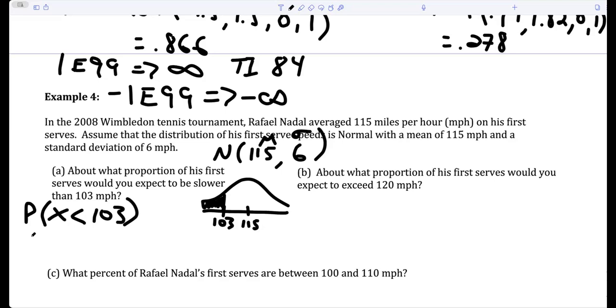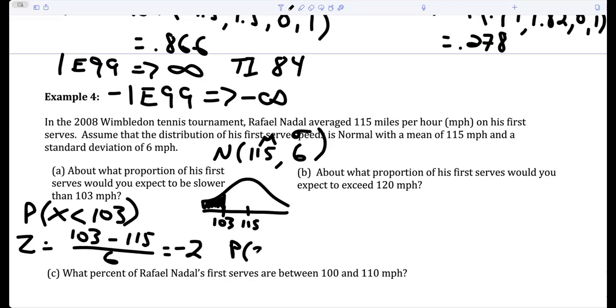All right, so my value X is going to be 103 in this case, minus the mean, which is 115, divided by the standard deviation, which is 6. I don't even need a calculator, right? So that's -2. And so I want the probability that my Z-score is less than -2.